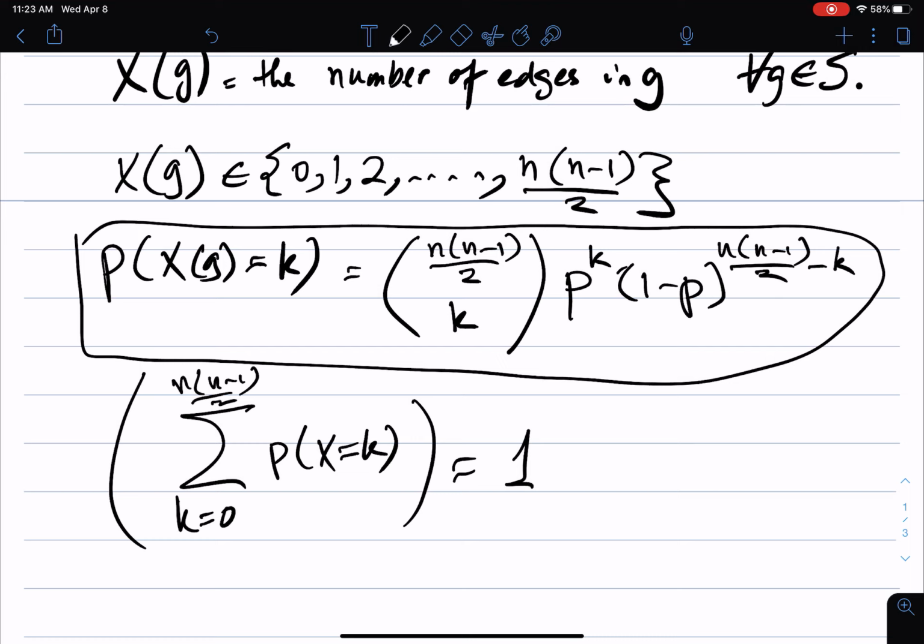When we talk about the experiment of generating random graphs under the Erdős-Rényi model, and we look at the random variable denoting the number of edges in the graph, then that random variable can take any value between 0 and n times (n minus 1) over 2. The probability distribution is given by what's the probability that X equals 0, and the probability that X equals 1, all the way to the probability that X equals n times (n minus 1) over 2.